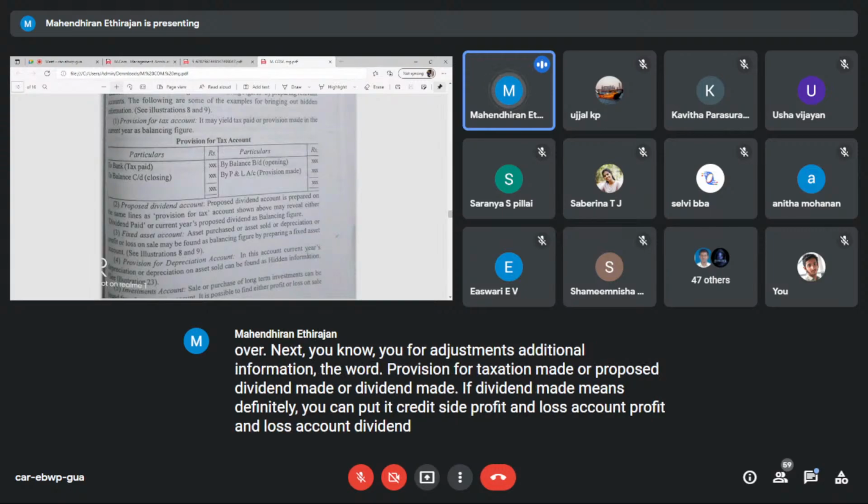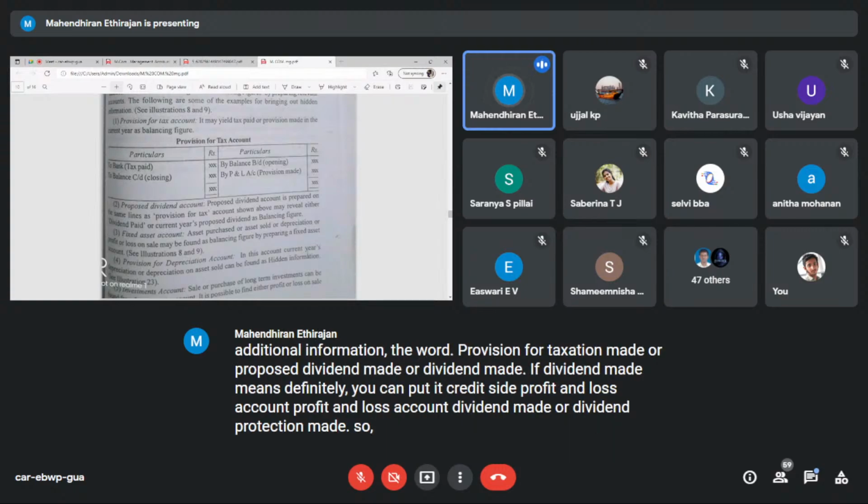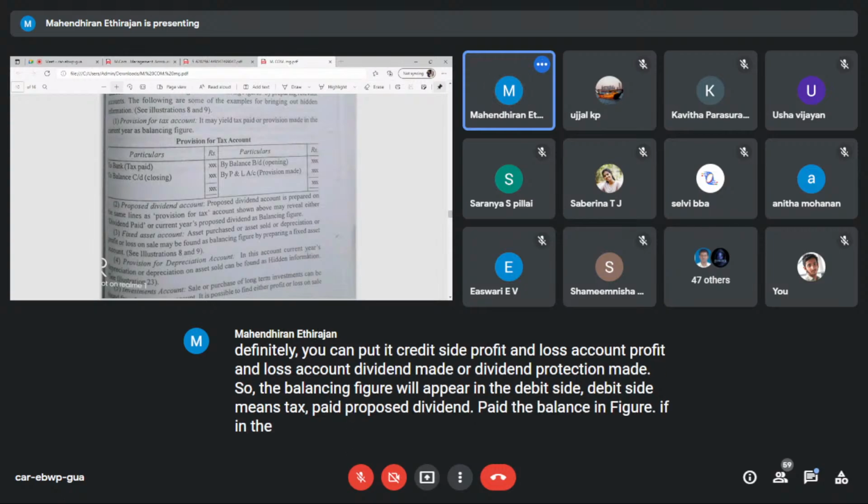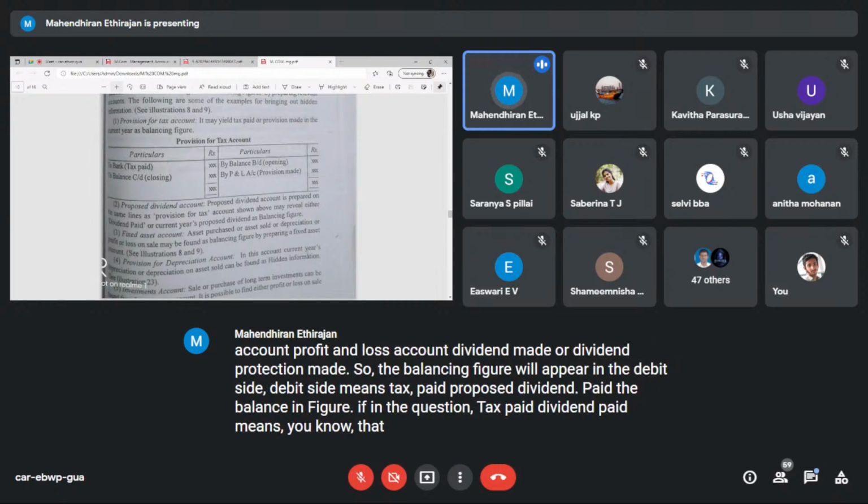So the balancing figure will appear on the debit side. Debit side means tax paid, proposed dividend paid, the balancing figure. If in the question tax paid, dividend paid is given, the balancing figure will come on the credit side of the P&L account.